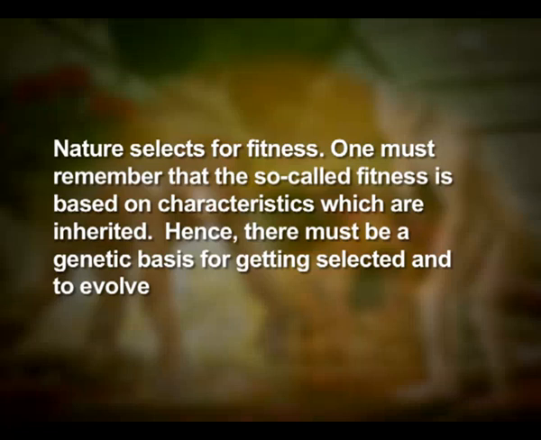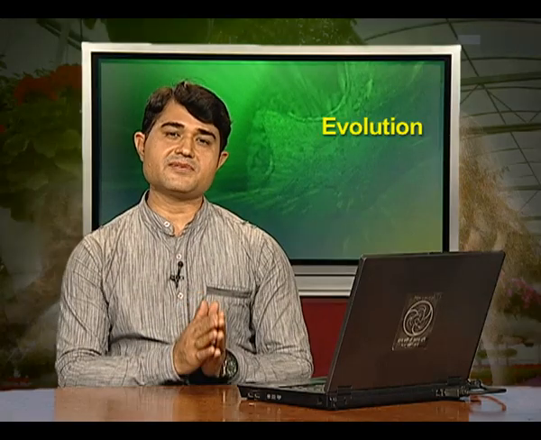Nature selects for fitness. One must remember that the so-called fitness is based on characteristics which are inherited. Hence, there must be a genetic basis for getting selected and to evolve. Another way of saying the same thing is that some organisms are better adapted to survive in an otherwise hostile environment.